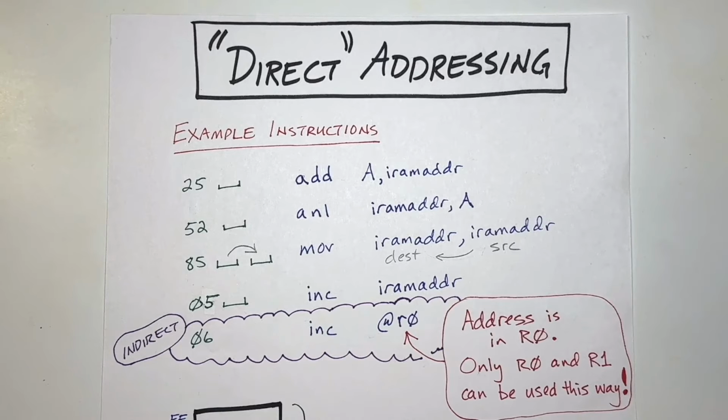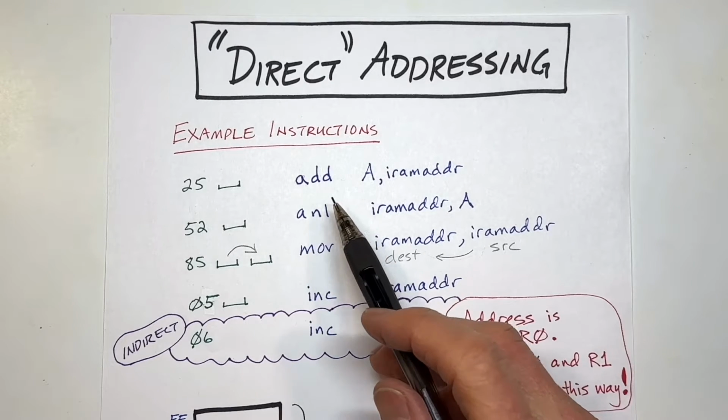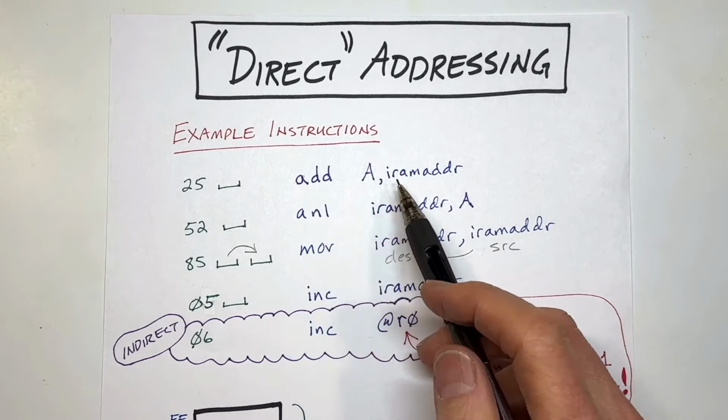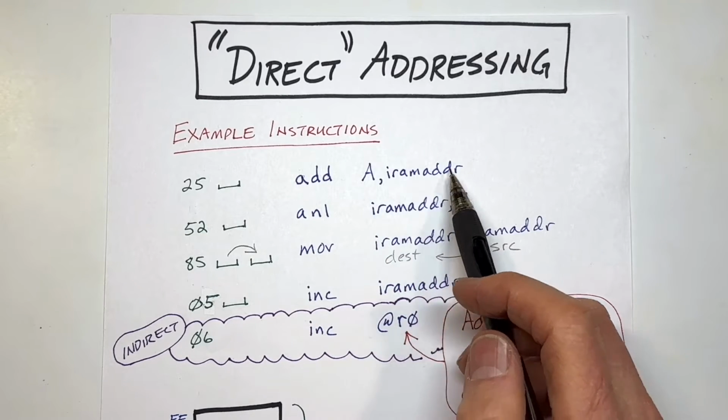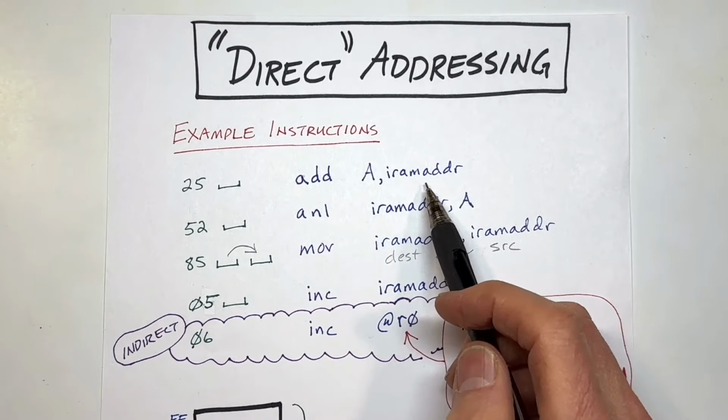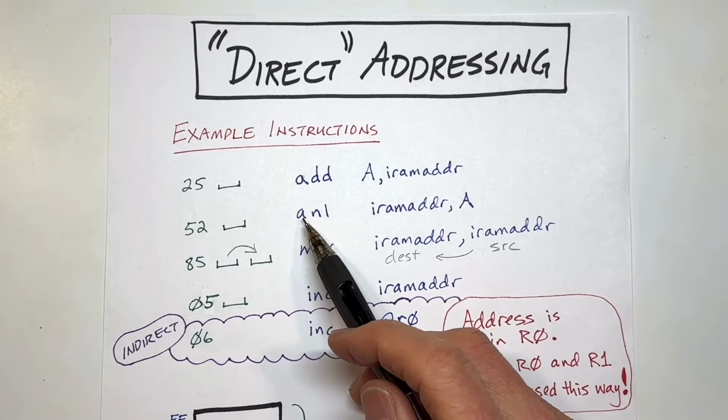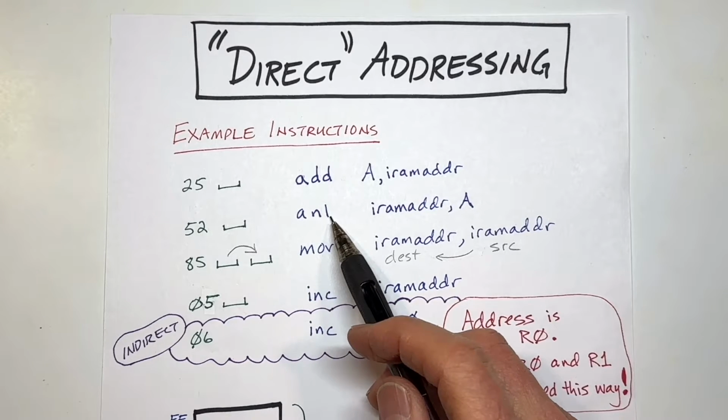There are 2 ways to address the chip's internal RAM memory: direct and indirect addressing. Direct is the most straightforward and easy to understand, and we have instructions such as add to the accumulator, and you supply an address in memory. And here this is for AND. I guess the L stands for logical.